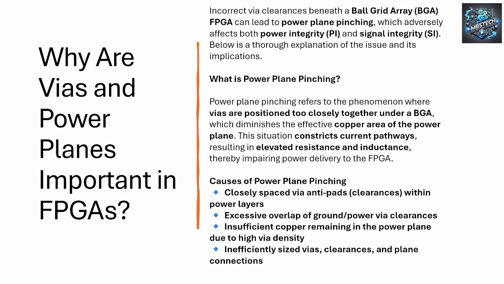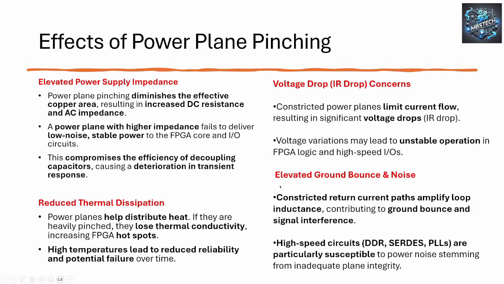Okay, let's investigate this a little bit more. Effects of power plane pinching. You get an elevated power supply impedance because you're cutting copper out of your planes. An impedance means a voltage drop. So if you've got a higher demand, it is going to cause a higher voltage drop.